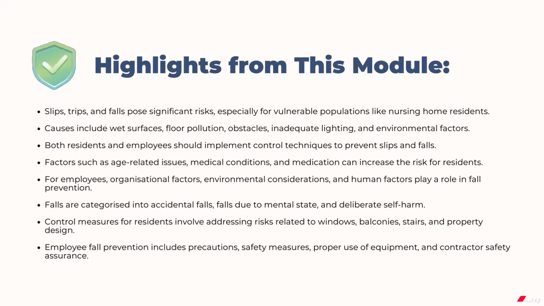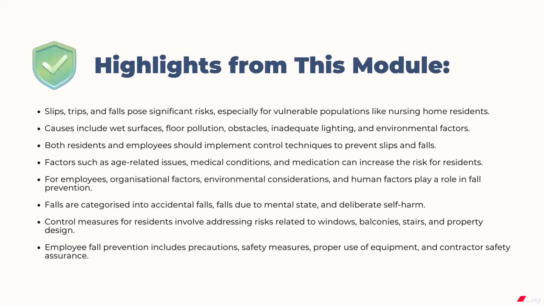Both residents and employees should implement control techniques to prevent slips and falls. Factors such as age-related issues, medical conditions, and medication can increase the risk for residents. For employees, organizational factors, environmental considerations, and human factors play a role in fall prevention.